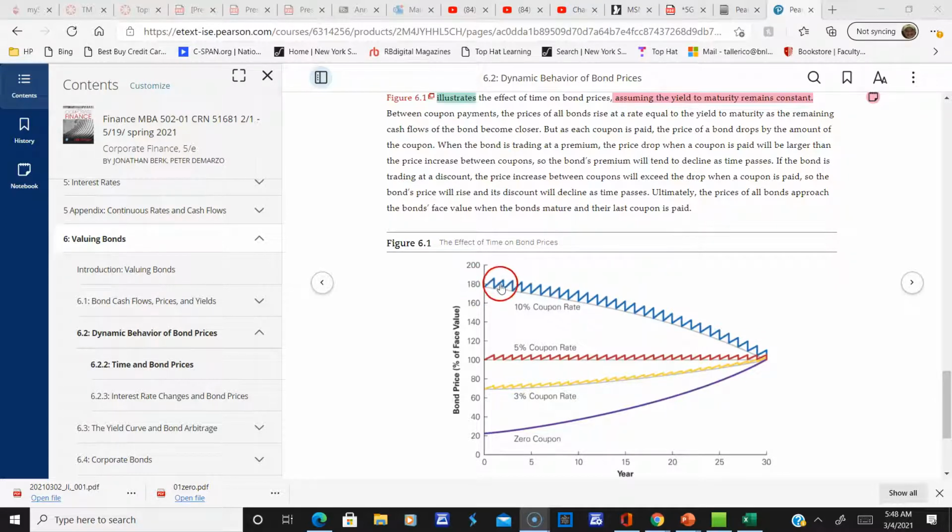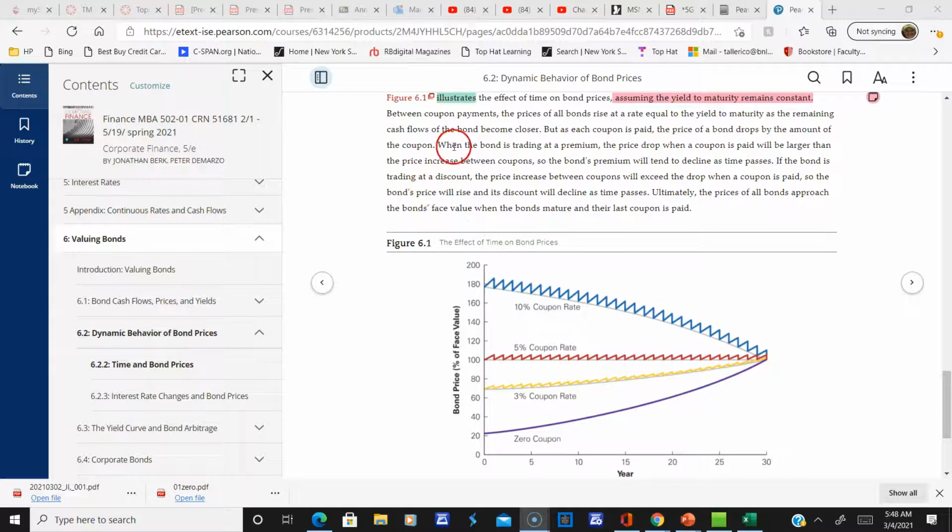So you can see the effect here of the coupons getting paid, right? Basically the coupon is paid, so the price goes down, but then it goes back up here. So just as for a bond at a premium, as each coupon is paid, the price of a bond drops by the amount of the coupon. You see that right here, right?